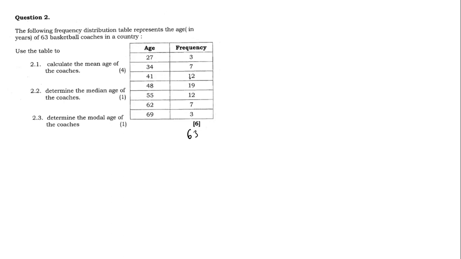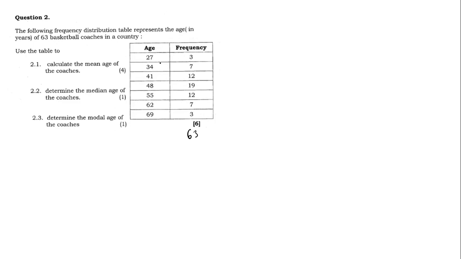So now here's the thing. This data set is in this form. You can write, I mean, how many basketball coaches are 27 in that country? 3 of them.